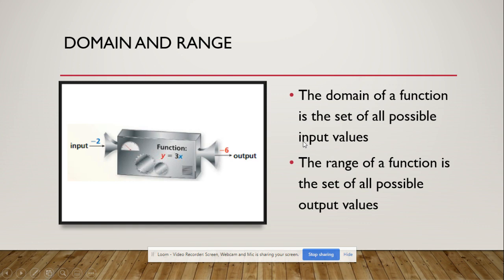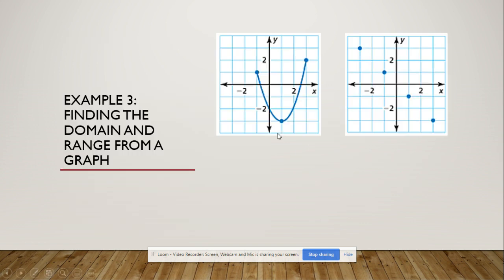It's all of the input values. Range is all of the y values, or in other words, all of the output values. Go ahead and write that in your notes, but do something to link that in your brain, that x, input, and domain all go together. That range, output, and y all go together.